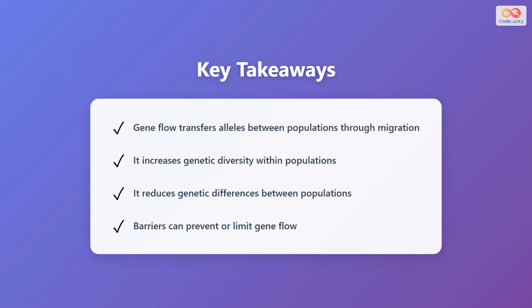At the same time, gene flow reduces genetic differences between populations by making them more genetically similar through allele exchange. However, various barriers including physical obstacles, timing differences, and behavioral factors can prevent or limit gene flow. Understanding gene flow is essential for comprehending how populations evolve, how species maintain genetic health, and how new species can eventually form when gene flow is restricted.